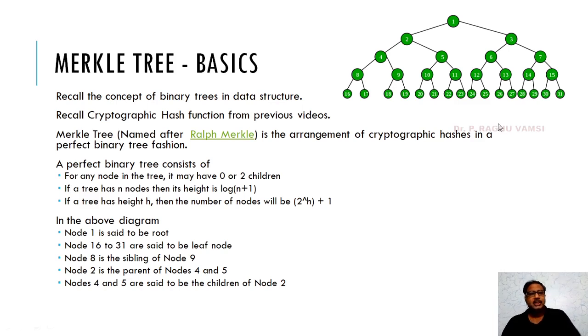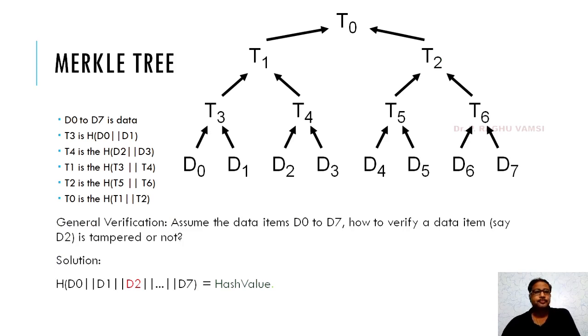Now we'll see the technical concept of the Merkle tree, how it is formed with the help of cryptographic hash functions, and how these cryptographic hash values are arranged in the perfect binary tree fashion. Here we can look at this perfect binary tree.